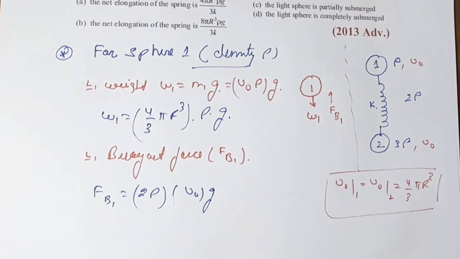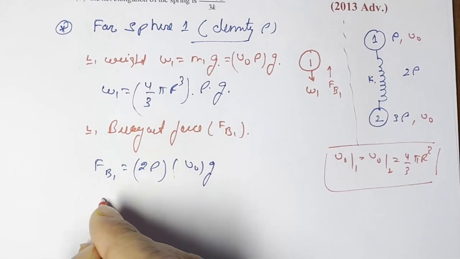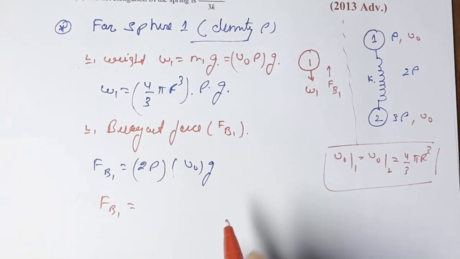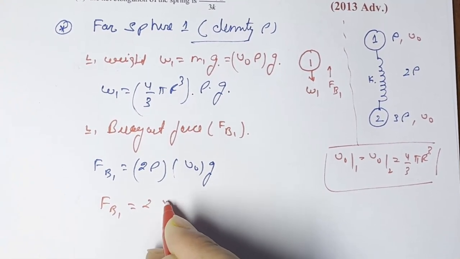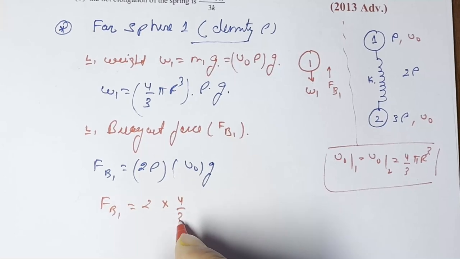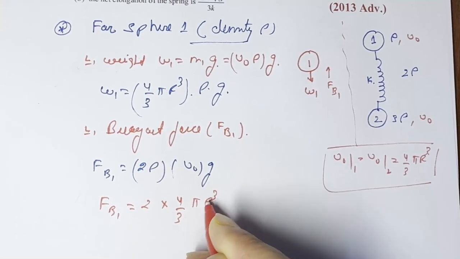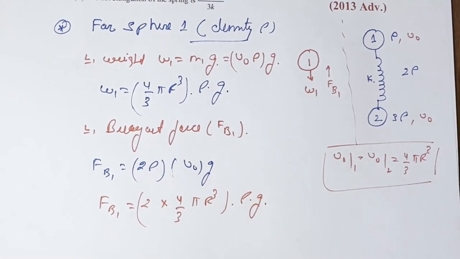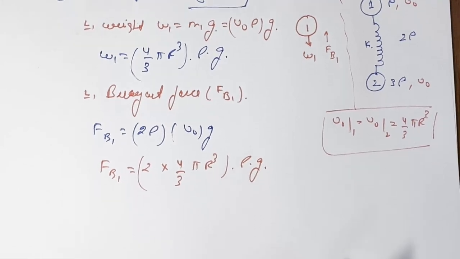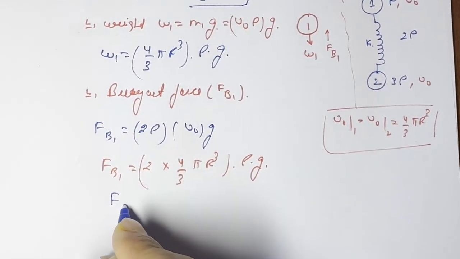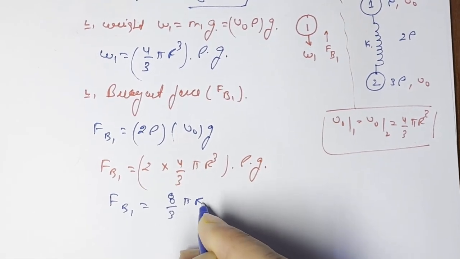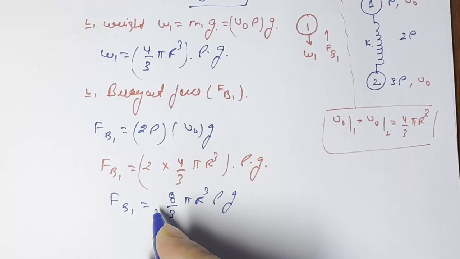Substituting the value of V0, we get FB1 equal to 2 multiplied by 4 by 3 pi r cube rho g. So FB1 will be equal to 8 by 3 pi r cube rho g.